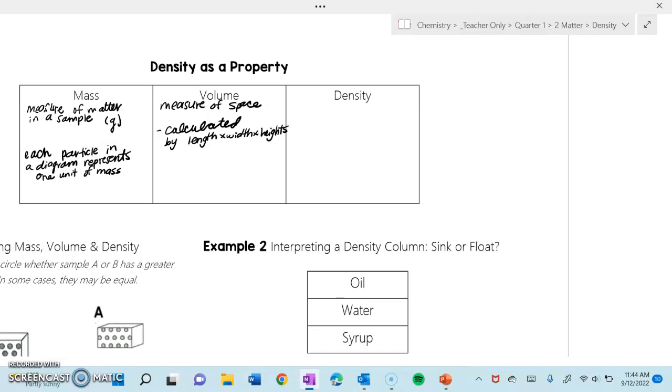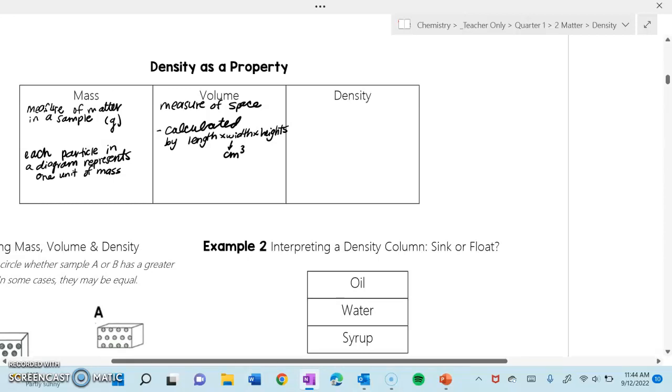So we can find volume by length times width times height, which will give us units of centimeters cubed, because we're doing centimeters times centimeters times centimeters, or it can be found by water displacement for irregular shapes. Like we said, a rock, a penny, a paperclip.